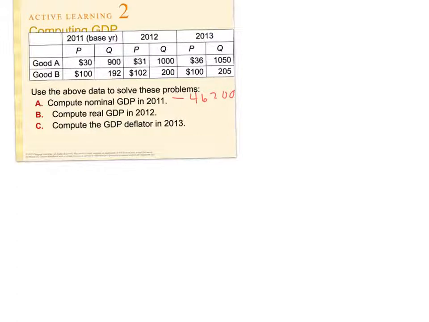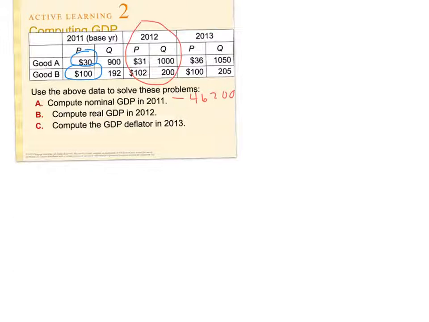Okay, second question says compute real GDP in 2012. So now I'm going to look here in 2012. Now remember, in real GDP we have to hold the prices constant in the base, which means that we're going to continue to hold the price at $30 and $100. So let's calculate the real GDP in 2012.